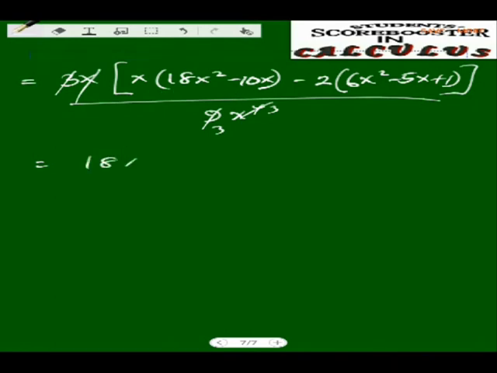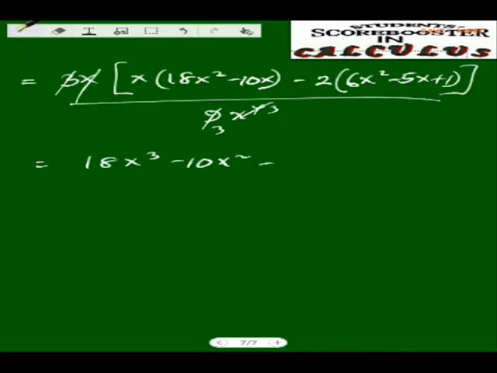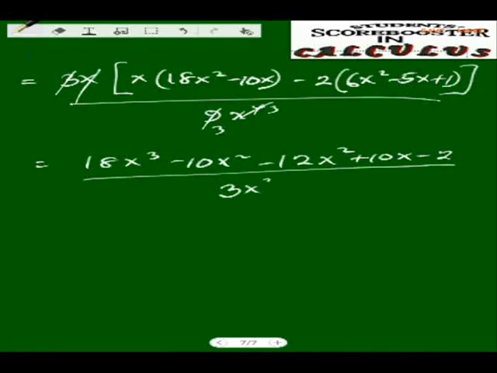I have 18x cubed minus 10x squared minus 12x squared, then plus 10x minus 2, over 3x cubed.